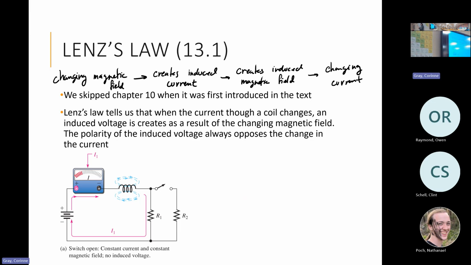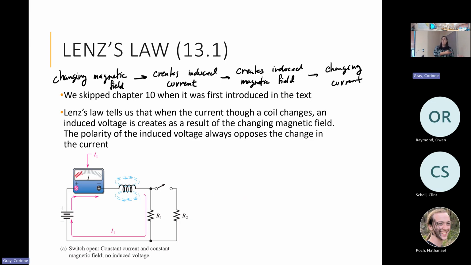With it open, which resistor or resistors are important? Why? Yeah, no current to R2, so it's not important. What about if I close the switch? R2 is now important. Why? Yeah, now I can have current flowing through it.